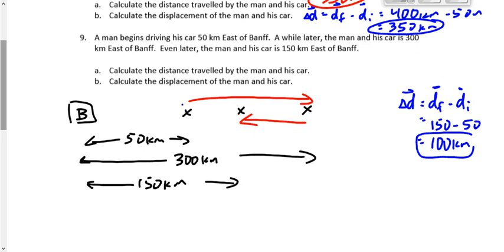And then how far am I going this way? From 300 back to 150. So 150. If I traveled 250, and then I traveled 150 back the other way, my distance traveled is 400. Got it? You guys comfortable with that?